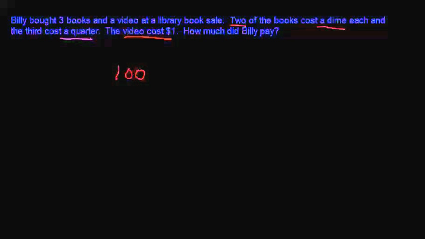Well, remember from before, a quarter is 25 cents. And then we've got 2 books that were a dime each. So we've got 1, 2 dimes.